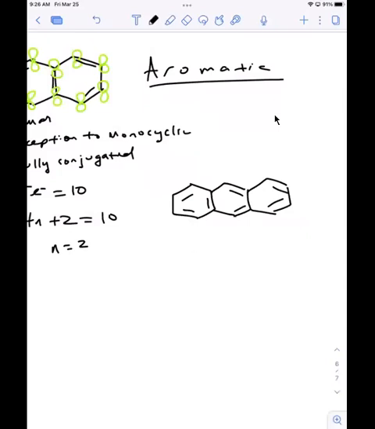I have a question. Go ahead. So I thought being monocyclic was one of the rules. Yeah, it is, but there are exceptions to that rule. Oh, okay. So naphthalene is an exception.